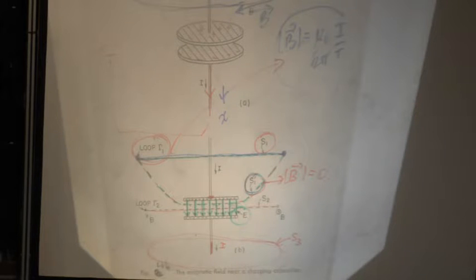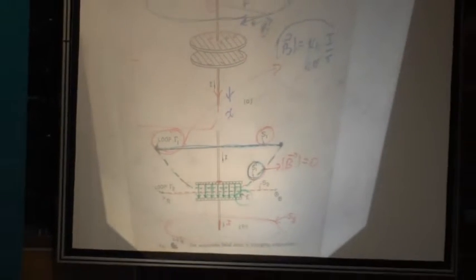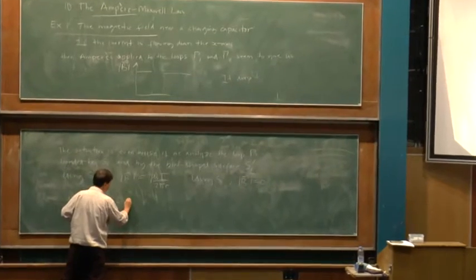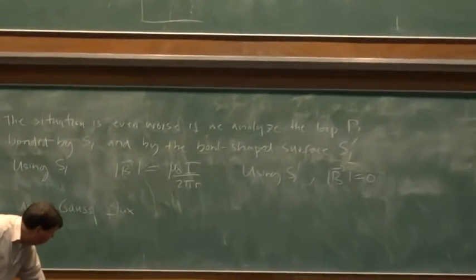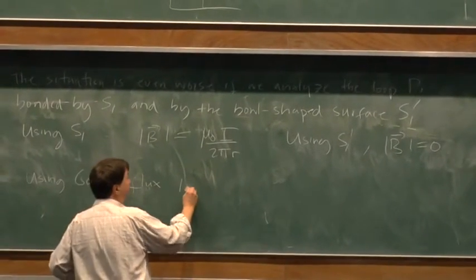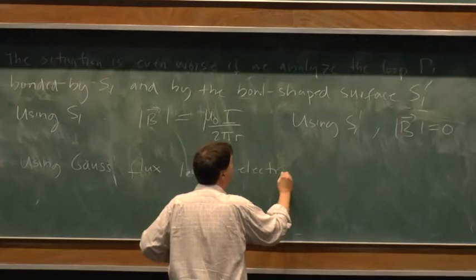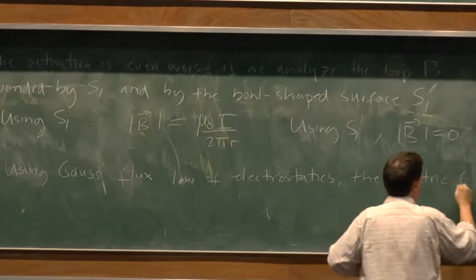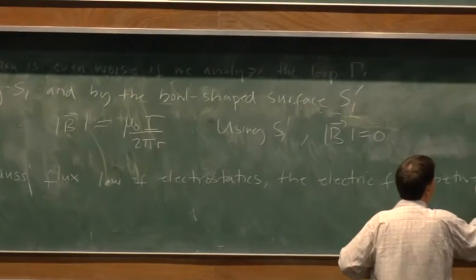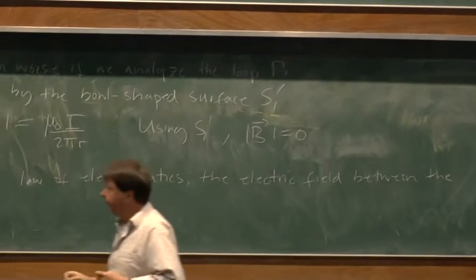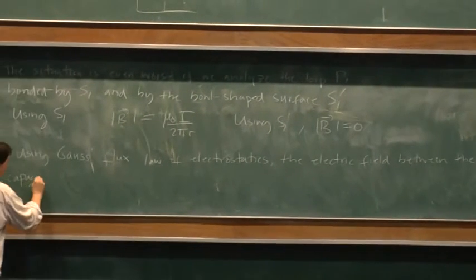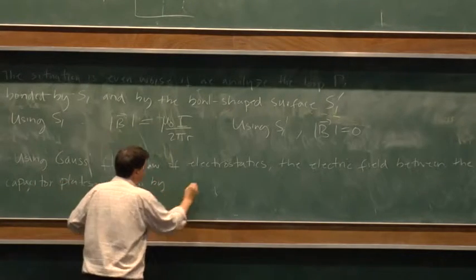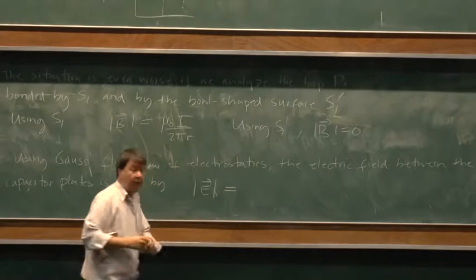So using Gauss's flux law of electrostatics, the electric field between the capacitor plates is given by the magnitude of the electric field between two infinite flat plates.